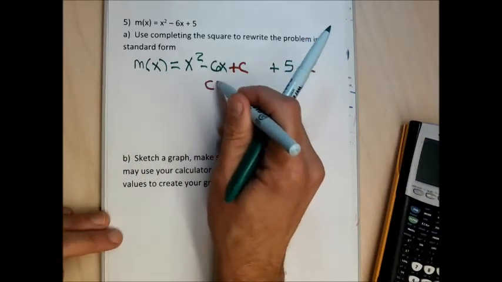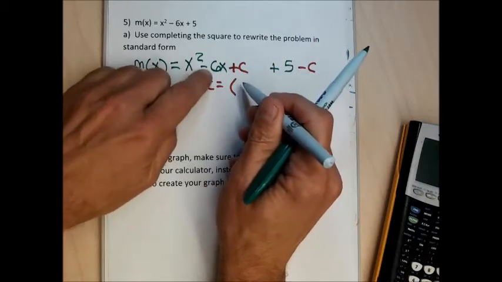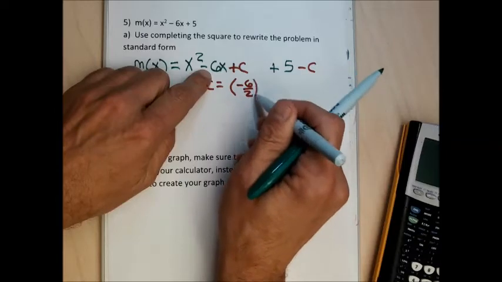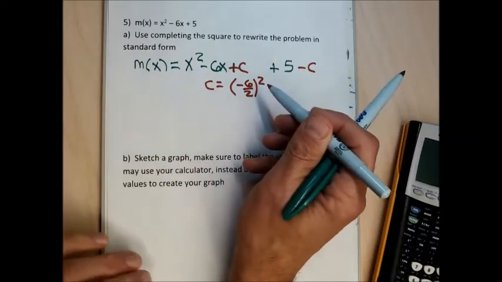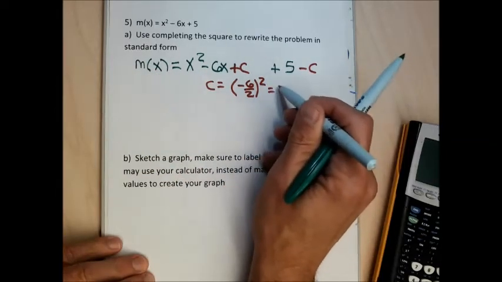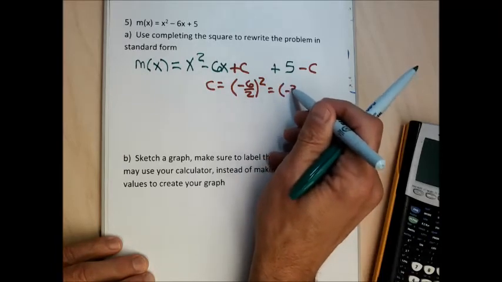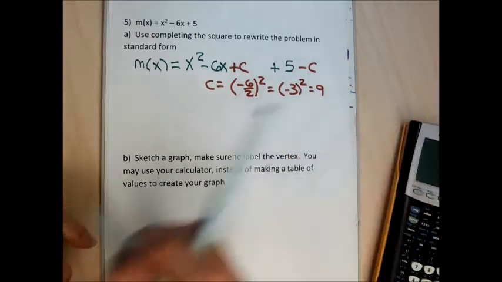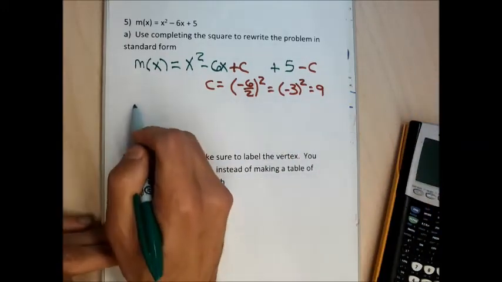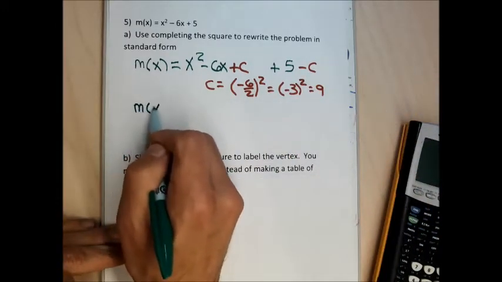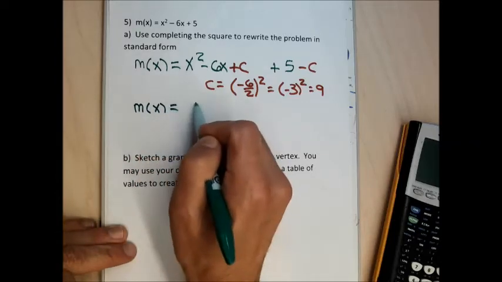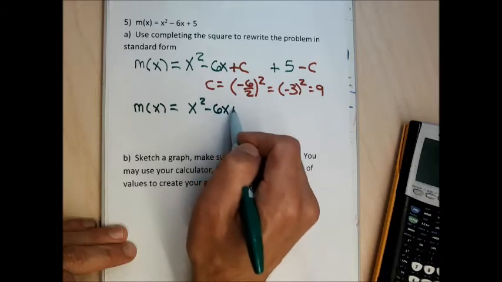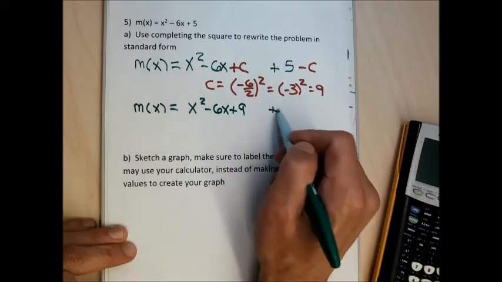C is always the number in front of the x to the first power term divided by 2 and then squared. So the c that I'm going to add and subtract is going to be negative 6 over 2 squared, which is negative 3 squared, which is positive 9. So I'm going to simultaneously, on the left-hand side, add and subtract 9, which is the number that's going to help me get this equation written in standard form.